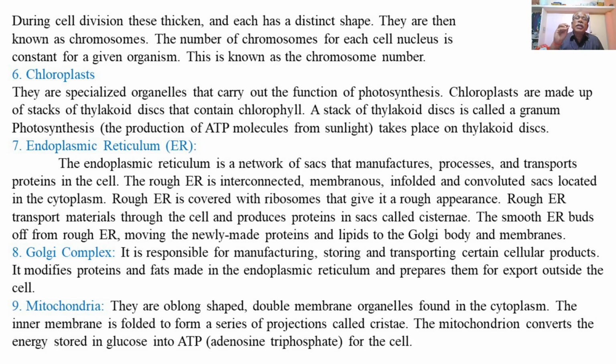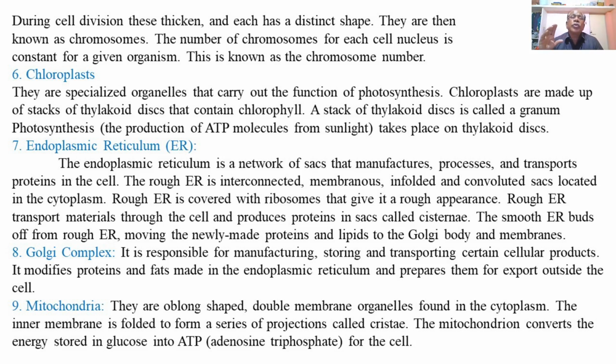Each slender thread of the chromatin can be called a chromosome. So, during cell division, these chromosomes thicken and each has a distinct shape. They are then known as chromosomes.